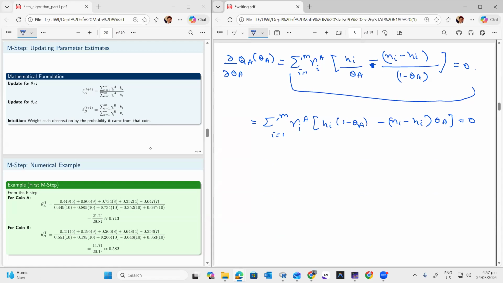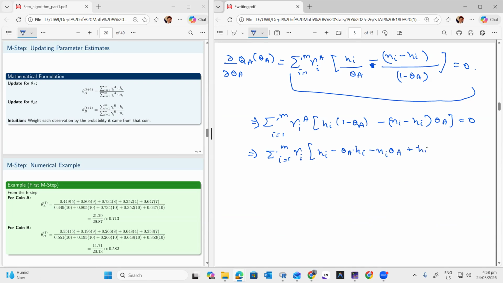It will give the summation over i from 1 to m of gamma iA times Hi minus Hi theta A minus Ni theta A plus Hi theta A equals 0.